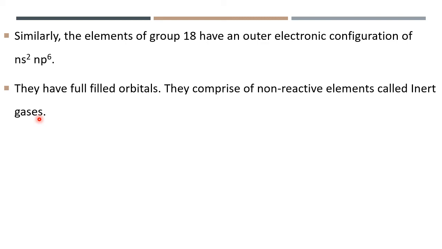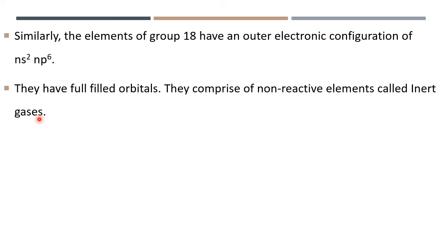They want to be stable. So on the modern periodic table, the most stable electronic configuration is that of group 18 because their shells are full. That's why they are called elements with the least chemical reactivity.